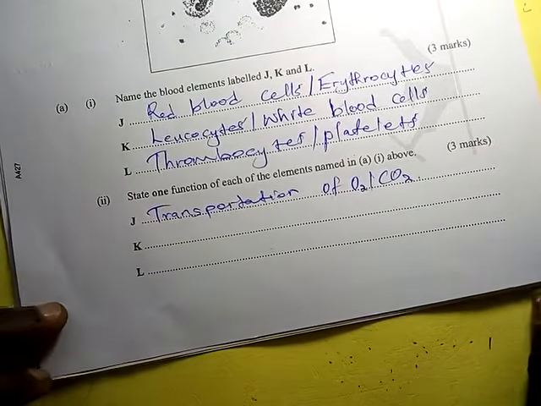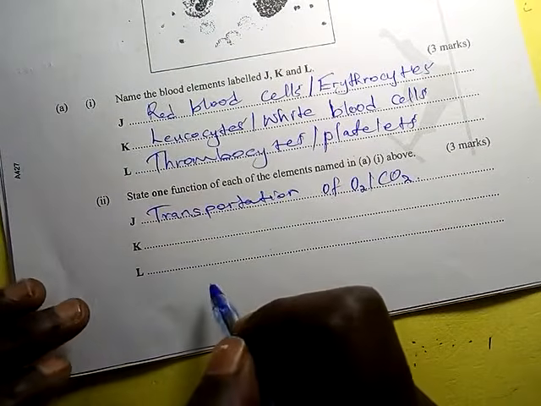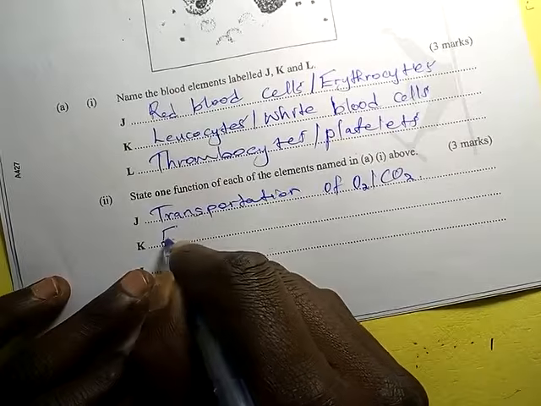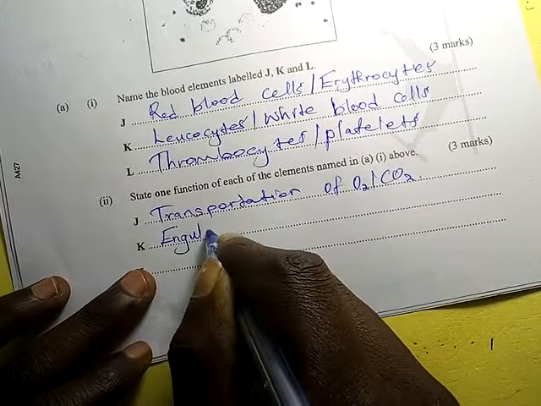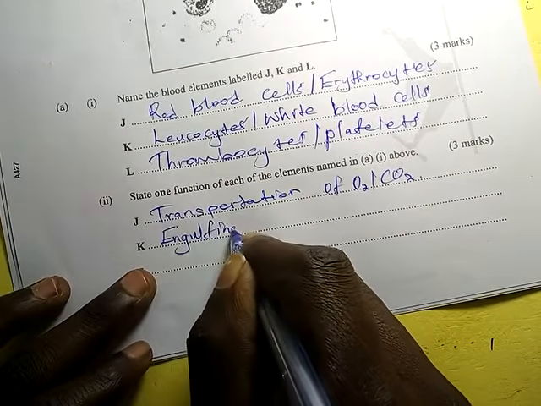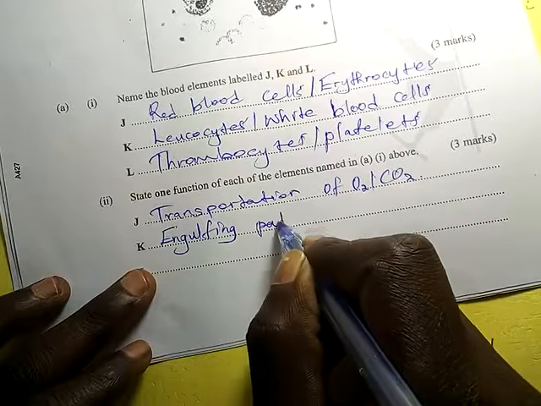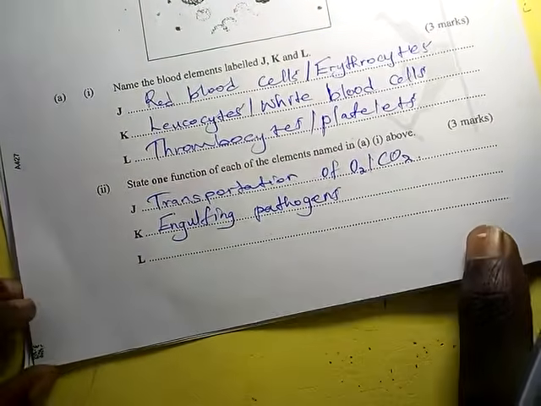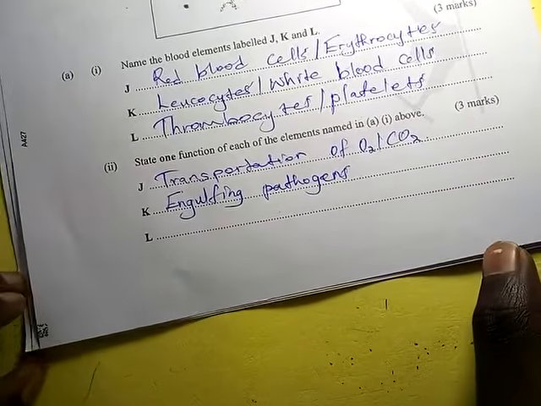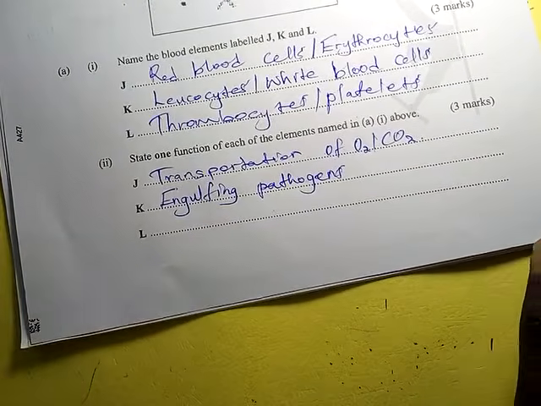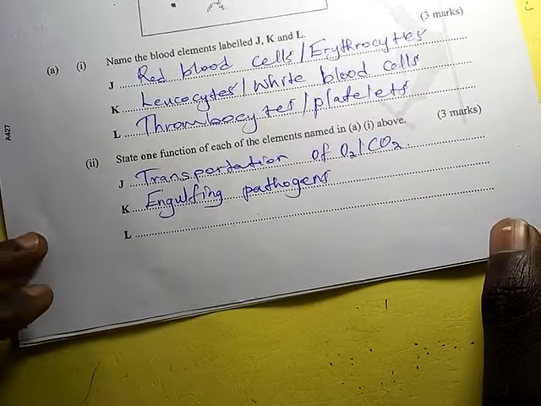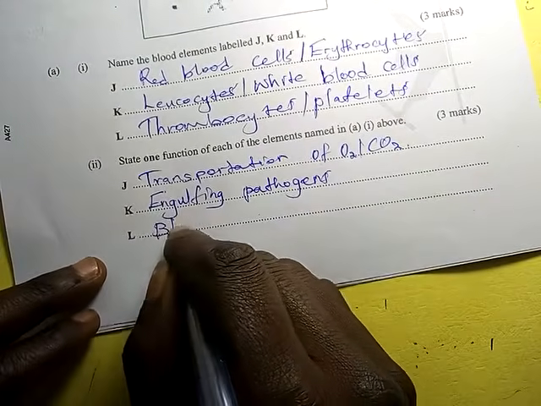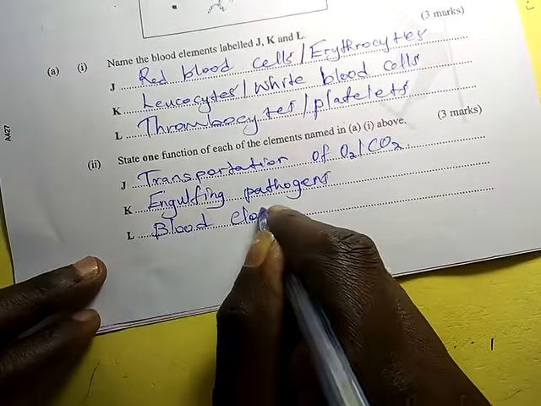And K, which is the white blood cell, protects by engulfing. To engulf is to surround pathogens. These are the microorganisms causing diseases. L, the platelets, help in the blood clotting process.